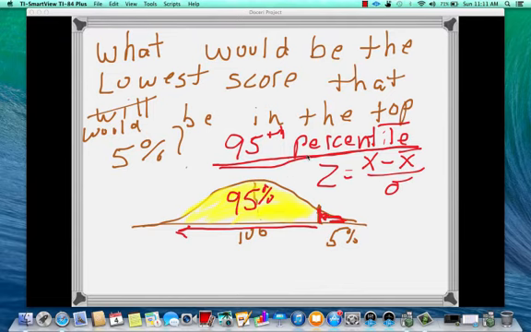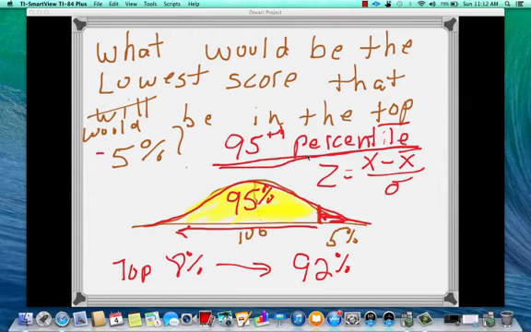If I was looking for the top 8%, what percentile would I be looking for? The 92nd percentile. All I'm doing is taking this away from 100, because what's the whole area under the curve equal? 100%. Holy cow. So we're looking at the top 5%, or the 95th percentile score.